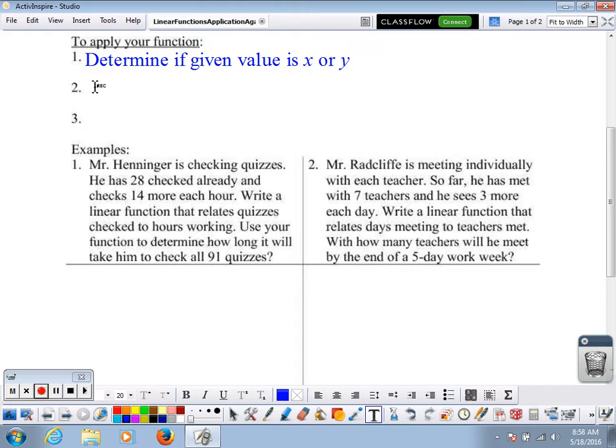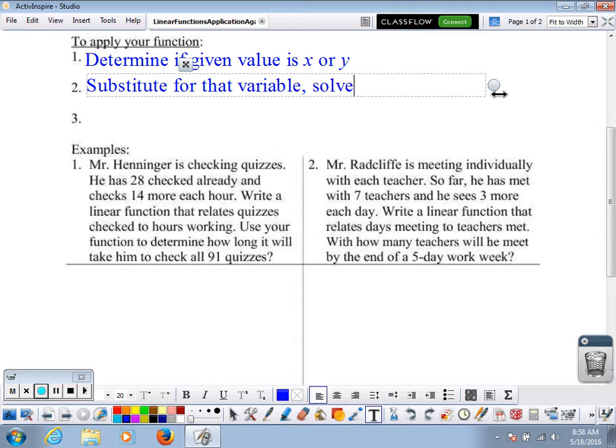We figure out whether it's an x or a y. It's going to be one or the other. Okay, then we substitute for that variable and solve the other.